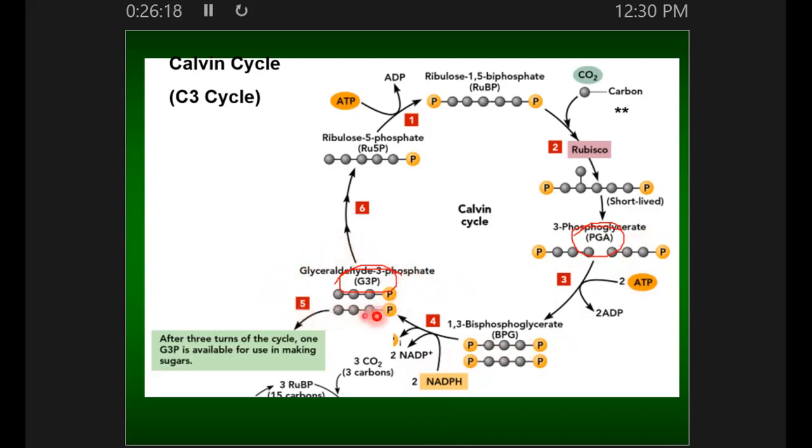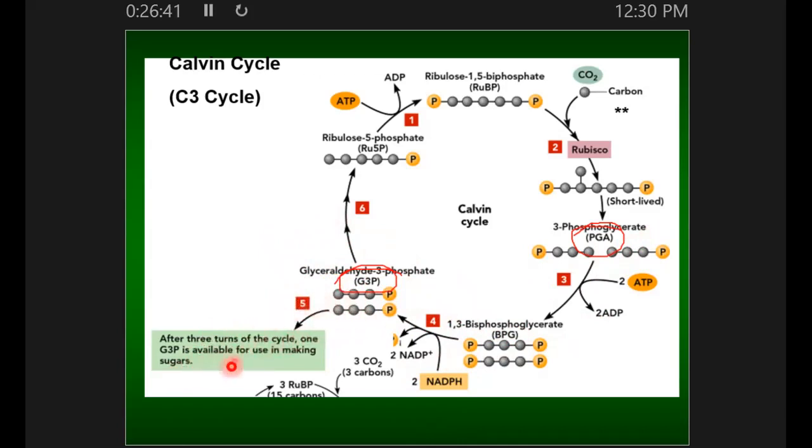So if all of that goes okay, what happens is the plant is doing this over and over and over all day long, as long as the stomata are open and they're taking in CO2. So after a while, you're going to get a buildup of this G3P. Everything's going okay. And then you see this little arrow going off of the cycle.